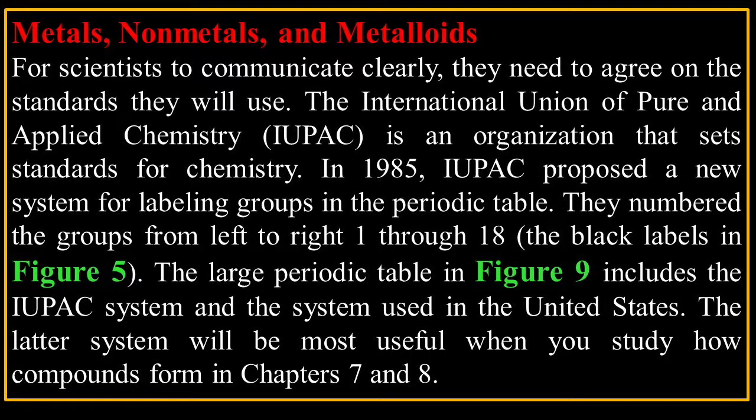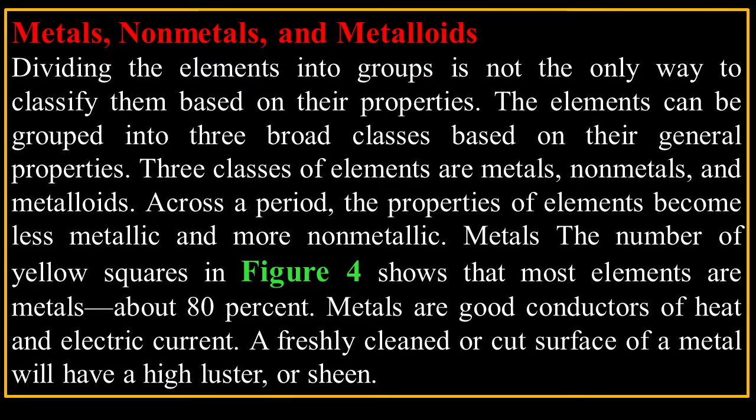The large periodic table in Figure 9 includes the IUPAC system and the system used in the United States. The latter system will be most useful when you study how compounds form in Chapter 7 and Chapter 8. We will use 1 through 18.